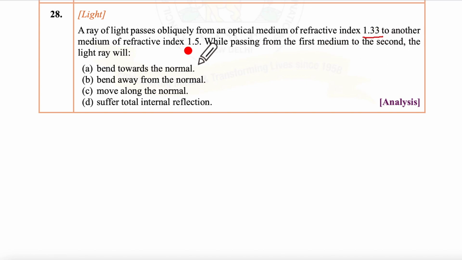Now 1.33 and 1.5, this becomes the rarer medium and this becomes the denser medium. So when I'm going from rarer to denser, the ray of light turns towards the normal. Where is towards the normal? Option A. All these ones do not make any sense. So the correct option is A.